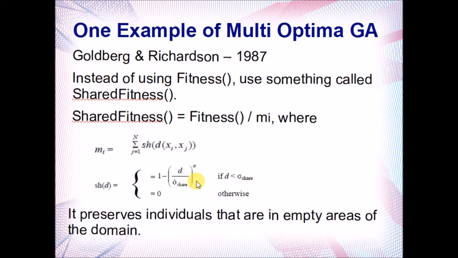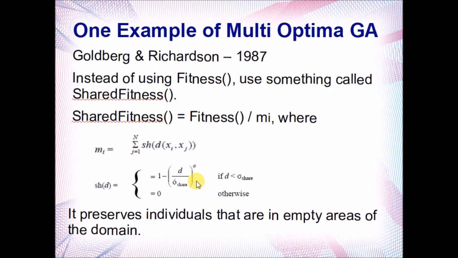what happens is if an individual is close to other individuals in the generation, then its shared fitness is decreased in relationship to other individuals in the population. And if an individual is kind of alone, there are no other individuals around it, its shared fitness will be relatively increased compared to the other individuals in the population.